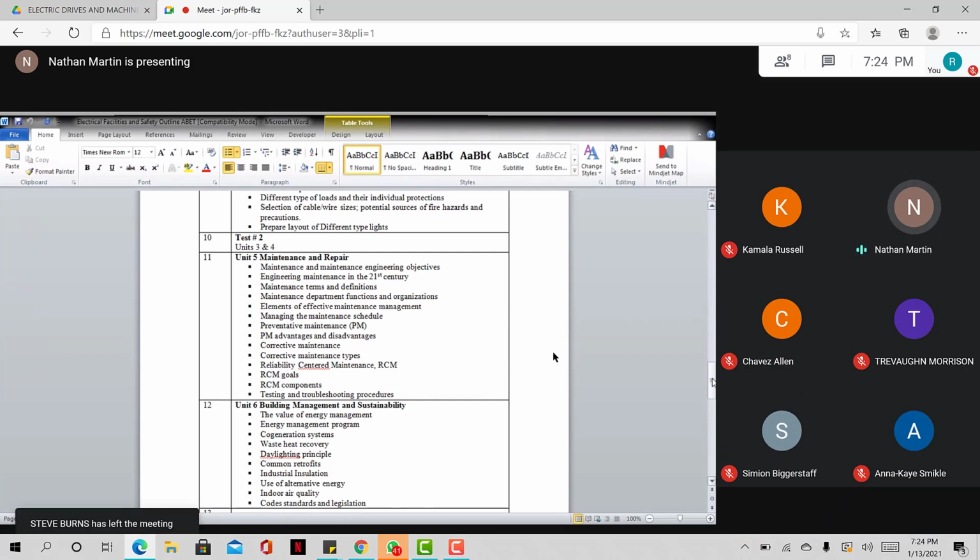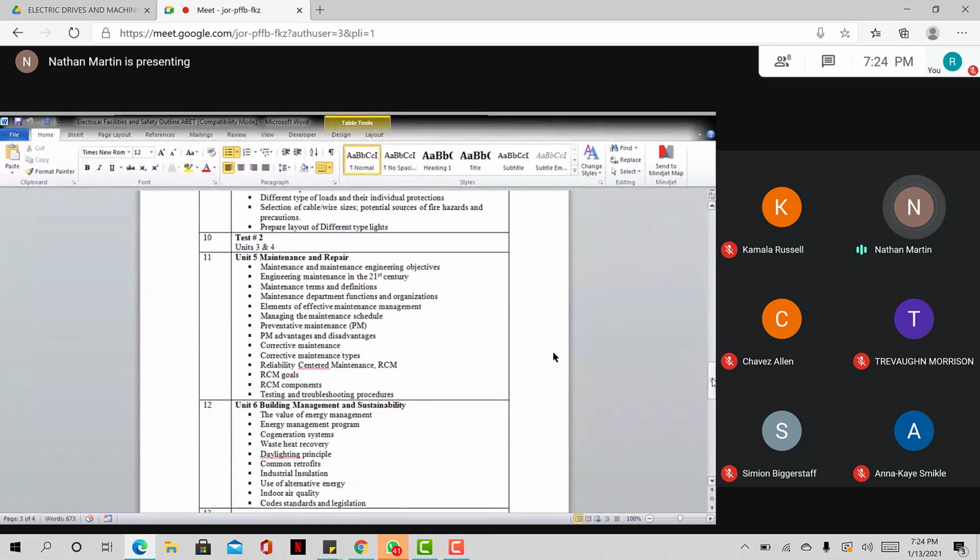We'll be looking at different types of maintenance in much more detail than before, right? And we'll be looking at the advantages of an effective maintenance system, or program.